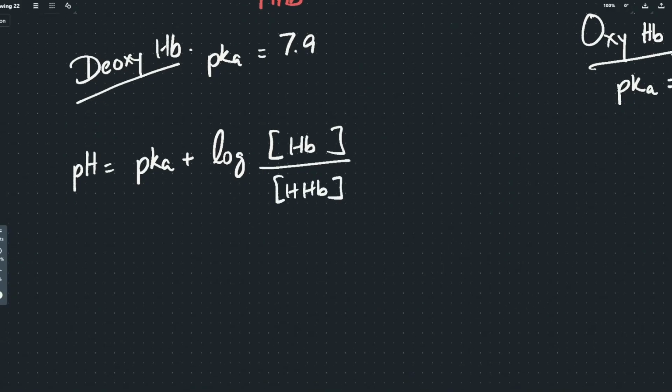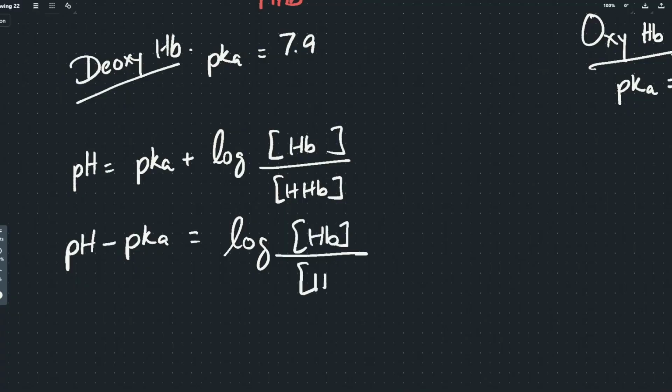Okay, now what I actually want to show is this ratio, and to get this ratio I can rearrange this equation. I can write pH minus pKa is equal to log of Hb over HHb.